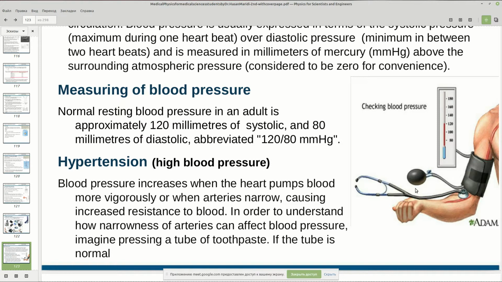When it starts, that is your systolic pressure.